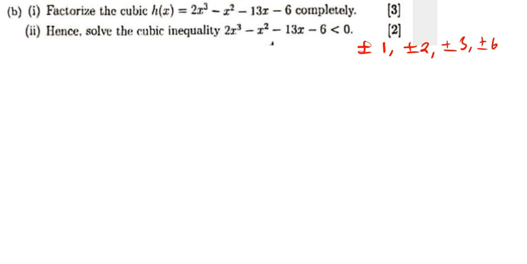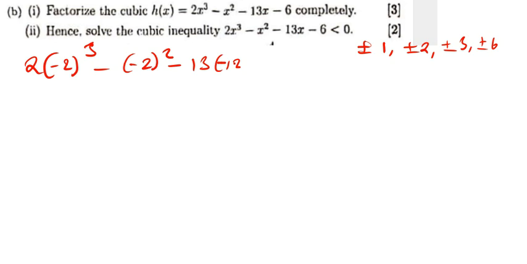So I'll try 2 to be negative. Positive it can't. So I'll say negative 2 raised to the power 3, minus negative 2 raised to the power 2, minus 13 times negative 2, then minus 6. So this is negative 8.